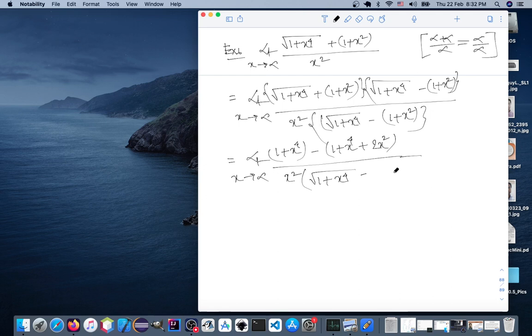The numerator is becoming 1 plus x to the power 4 minus x square.